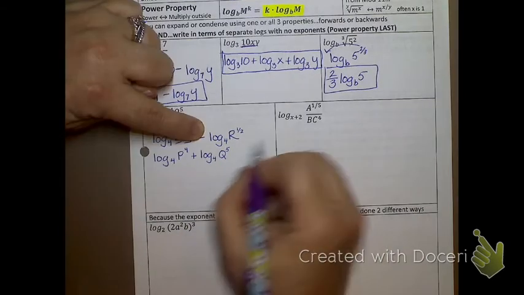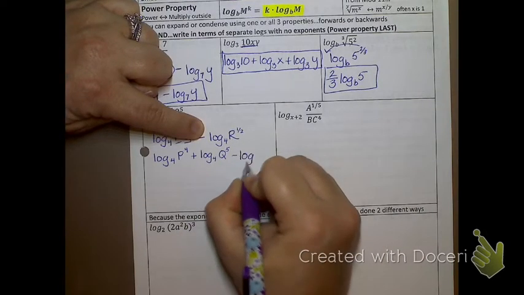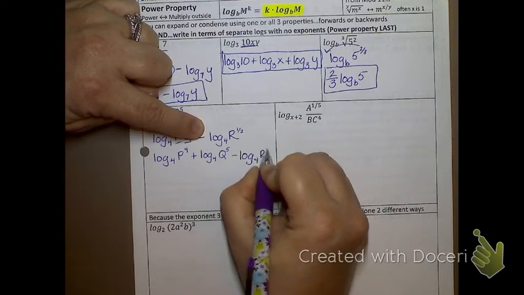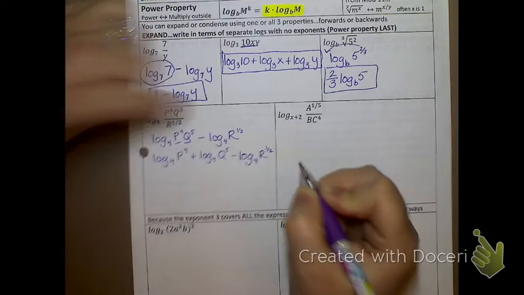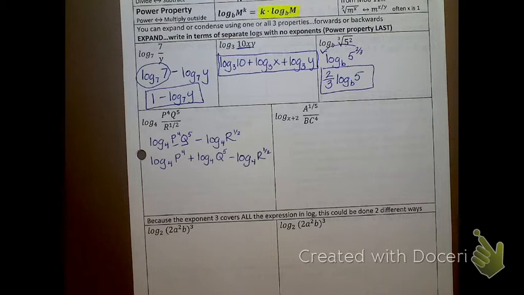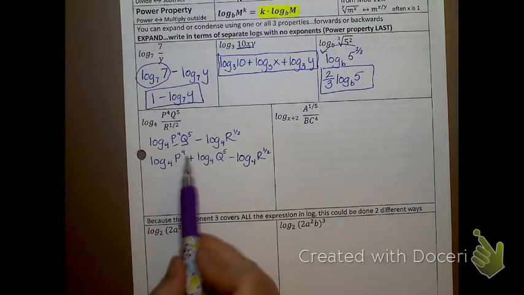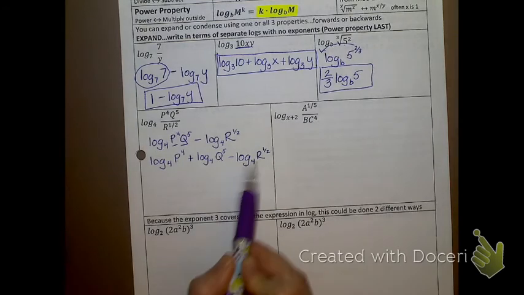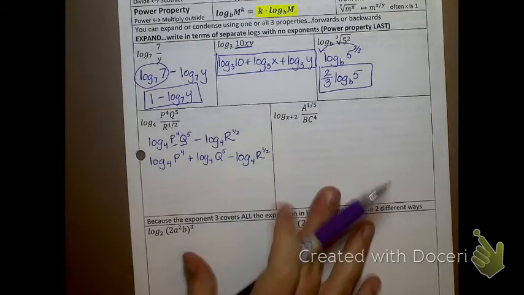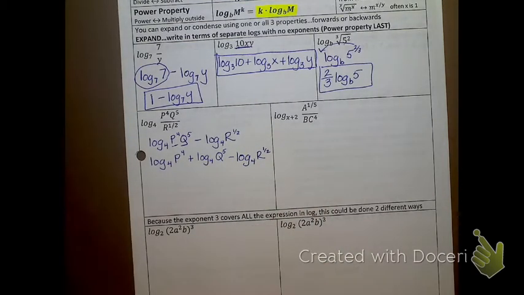And then I still have this minus log base 4 of R to the 1/2. Do any of my logs involve more than one letter or number, not including exponents? I have got one thing going on there, one thing going on there, one thing going on there. So I don't have to worry about any more addition and subtraction expanding. But I got a lot of exponents to deal with. What do I do with the exponents to expand them?